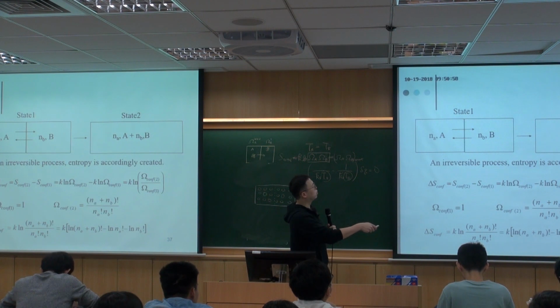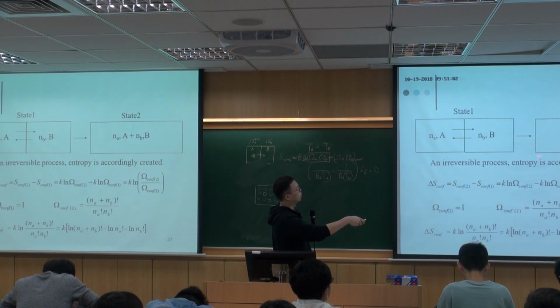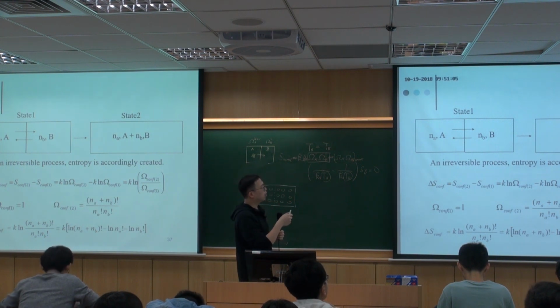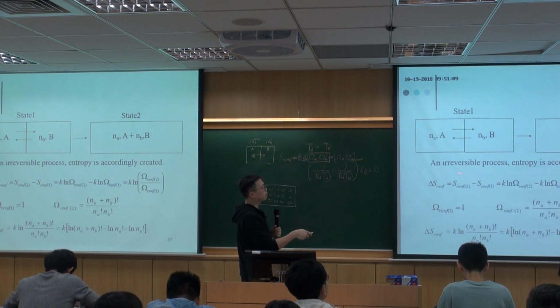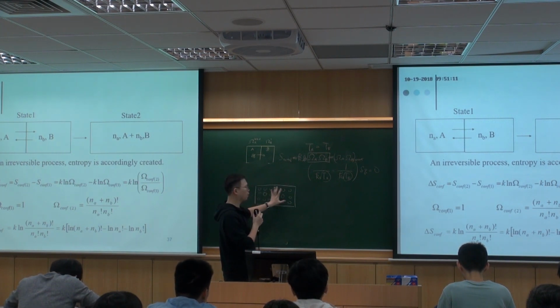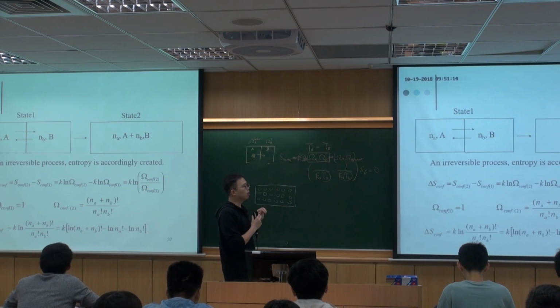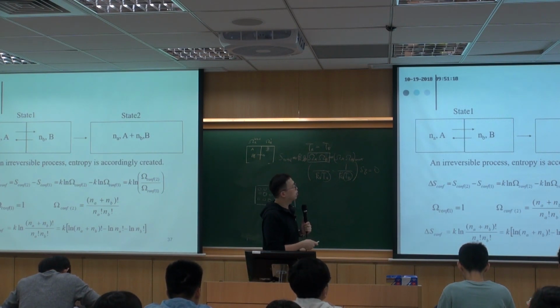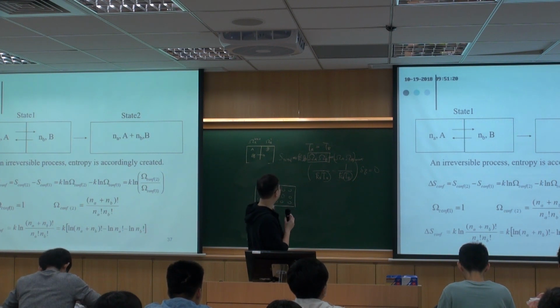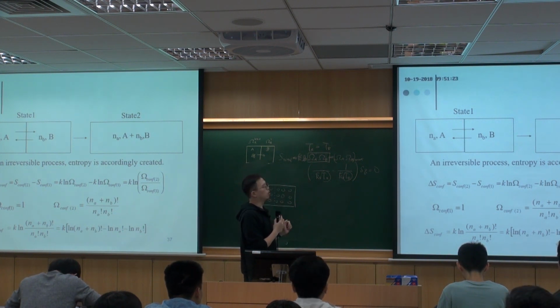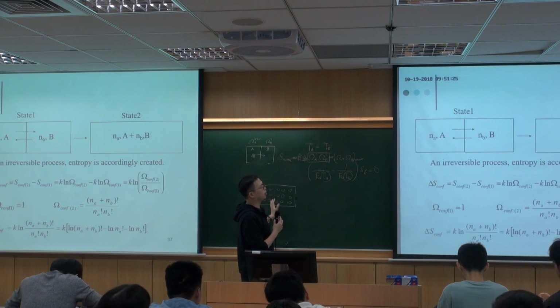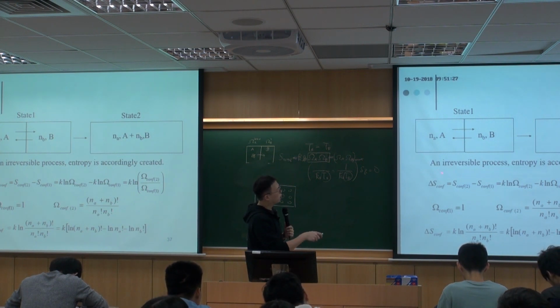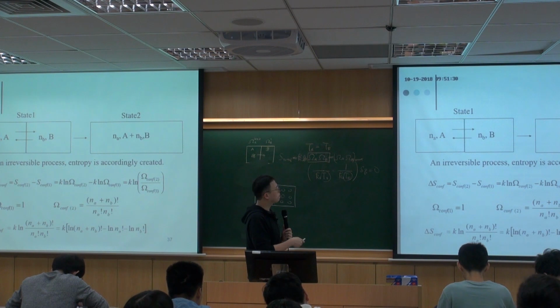So you have two different types of particles in your whole system, and we call this state 2. And we know that mixing is an irreversible process. If you have two different types of particles, once mixing happens, it is irreversible because the system won't spontaneously go back to its original separated phases. Therefore, it's irreversible, then entropy should be increased.